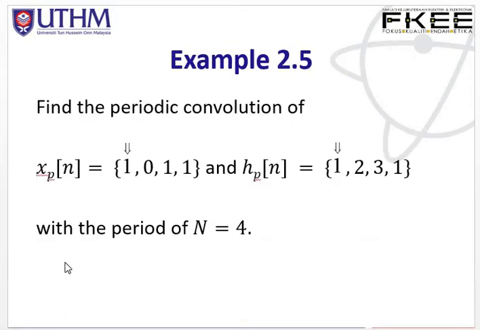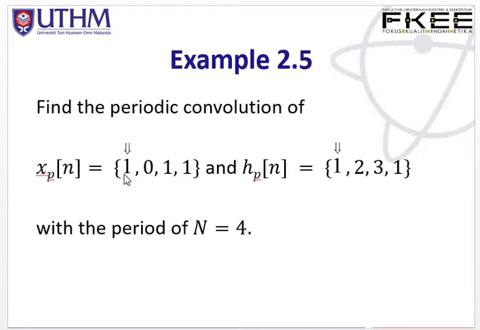Now let's look at the example. Find the periodic convolution of xp[n] equal to 1011 and hp[n] equal to 1231 with the period N equal to 4. First of all, you need to know the starting index and the ending index.